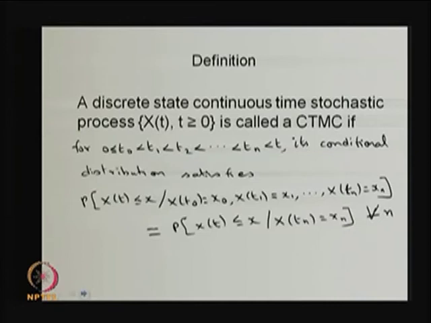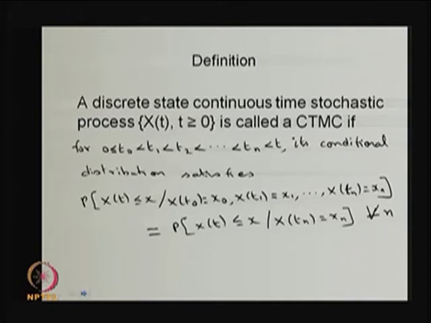Let me start with the definition of continuous time Markov chain. A discrete state means the possible values of the random variable are going to be finite or countably infinite.